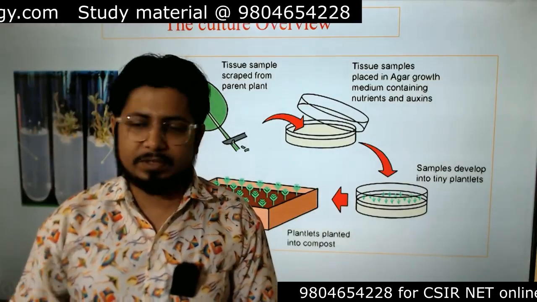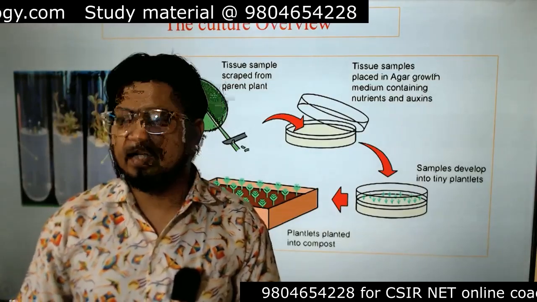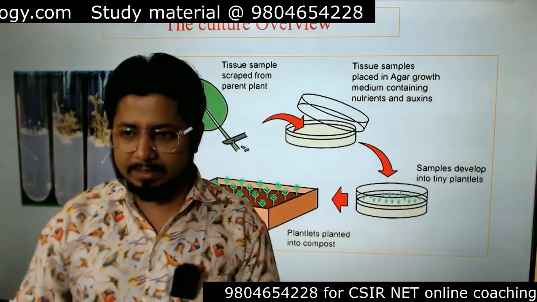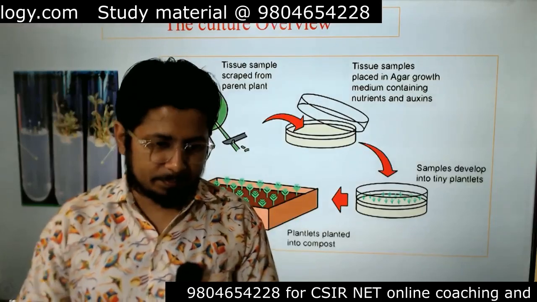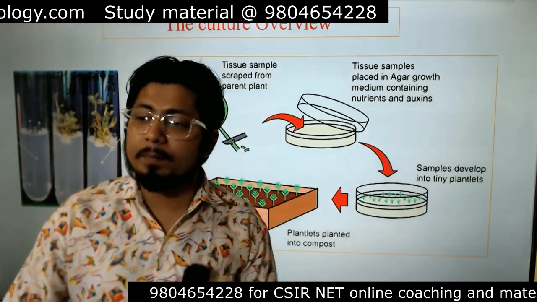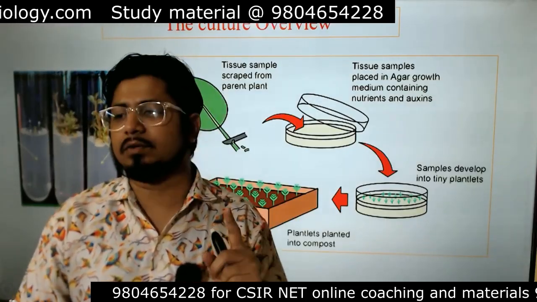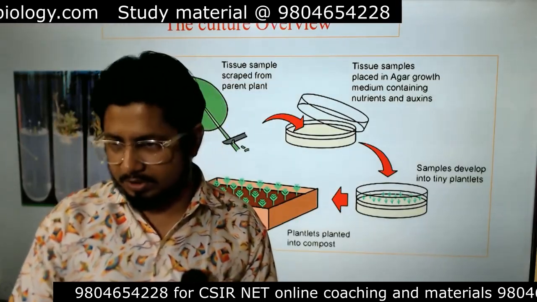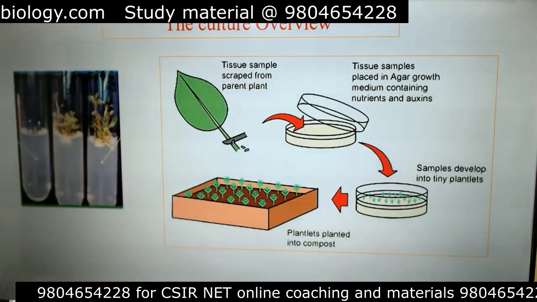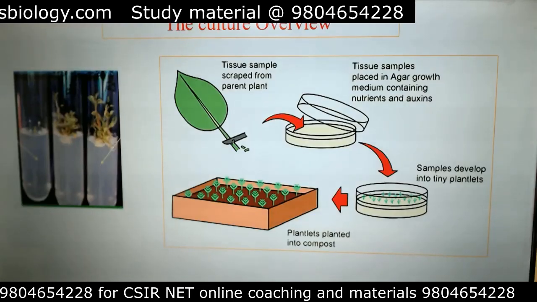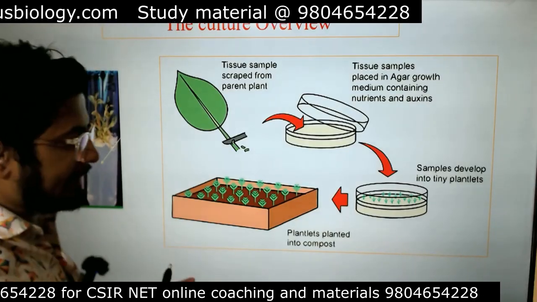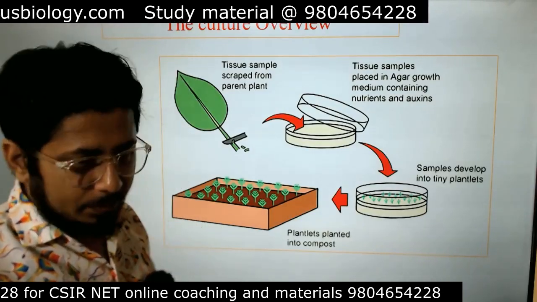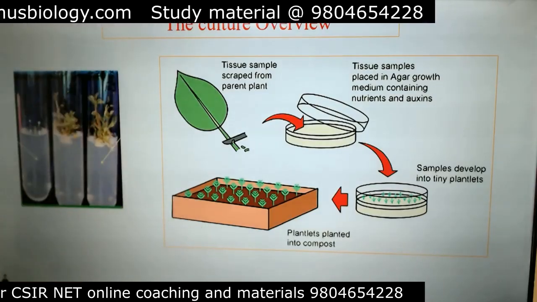So if we extract cells from there, and if we place them in a medium to supply them with proper nutrients and in optimum environmental parameters that includes pH, temperature, oxygen availability, light source and everything, then those plant cells can grow a healthy adult plant. That's a possibility, and that happens.